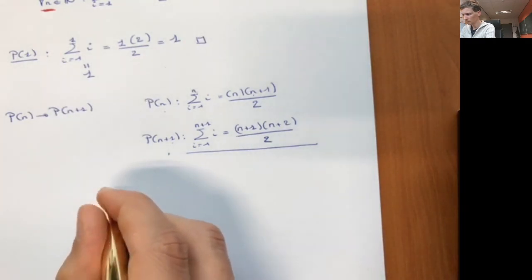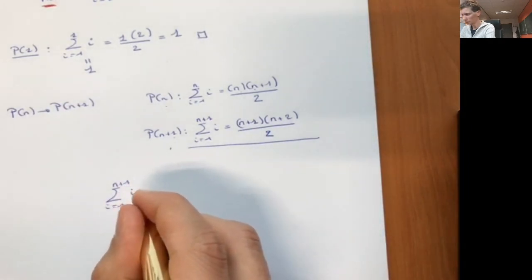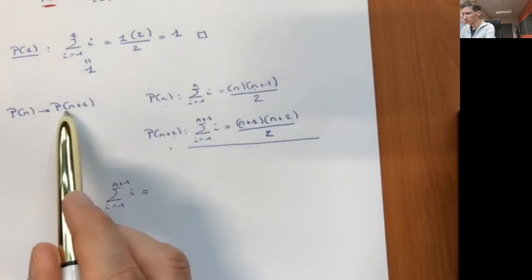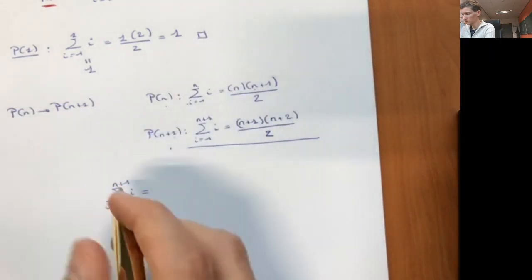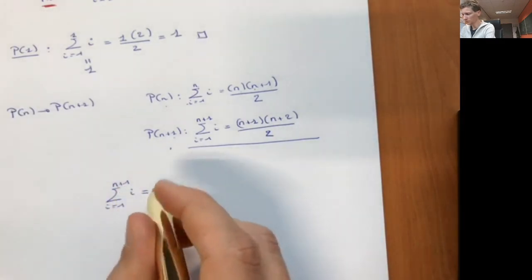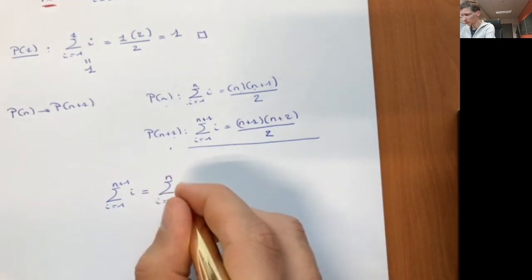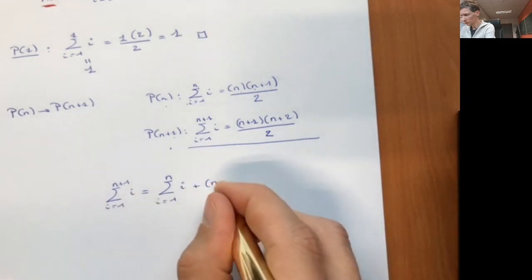So we start with the sum i from 1 to n+1 of i. So we know that this holds, right? So we assume that this holds. We have to show that this holds. So what can we do? We can split up the sum up to n and then take the last term. So this is equal to the sum up to n of i plus the last term, which is going to be equal to n+1.